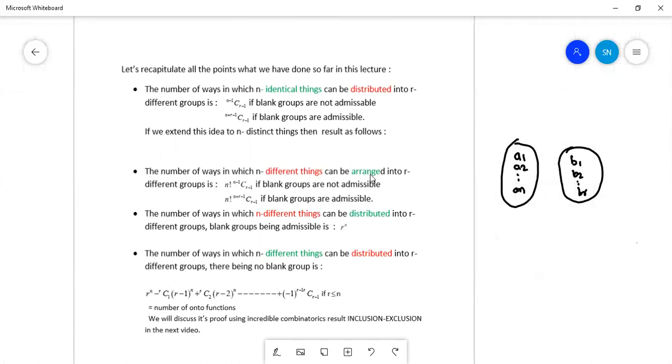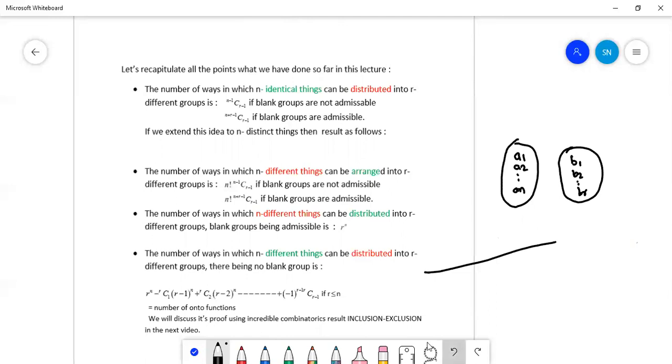Different things, arrangement. Different things, distribution with blank groups. Different things, distribution with no blank group. So these are the cases we have learned. I hope the point is clear till now. Coming to the next point.